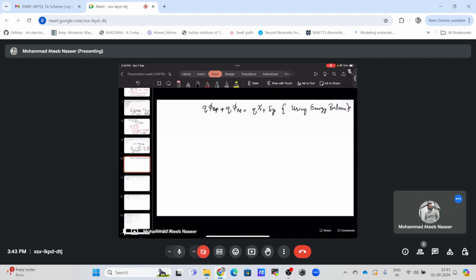So from this, phi Bp is simply q chi plus Eg minus q phi m, and chi was 4.05 electron volts, Eg is 1.12, and q phi m is 4.5.